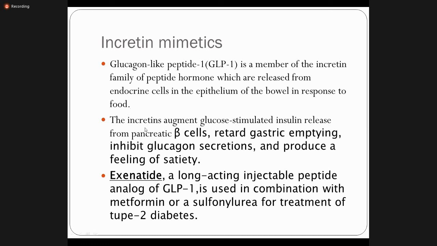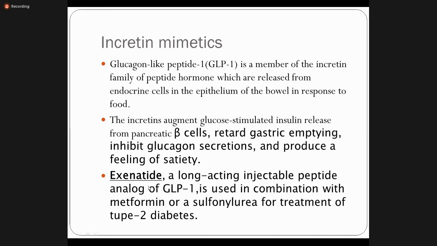So the incretins augment glucose stimulated insulin release from pancreatic beta cells, retard gastric emptying, inhibit glucagon secretion, and produce a feeling of satiety, that is a feeling of fullness. Okay, I have no desire to take a further meal, I am full. This is the explanation.